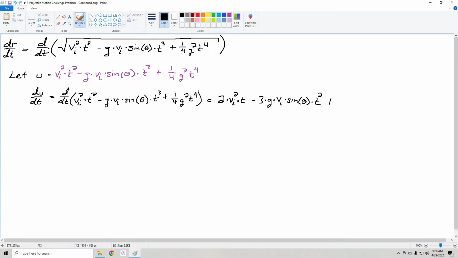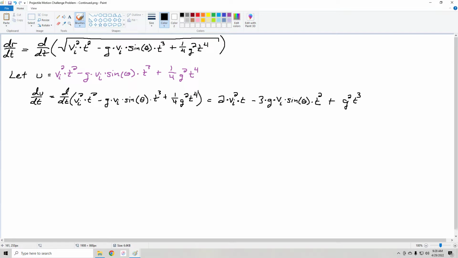And then for the last piece, the 4 will come down, it will completely eliminate the coefficient, and we end up with g squared t to the third. And that's what our derivative of u with respect to t is.